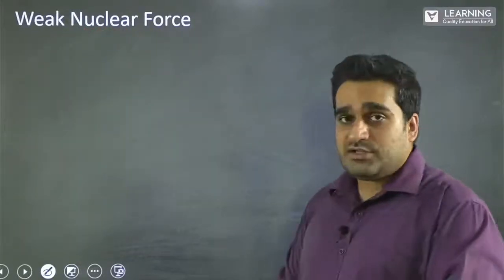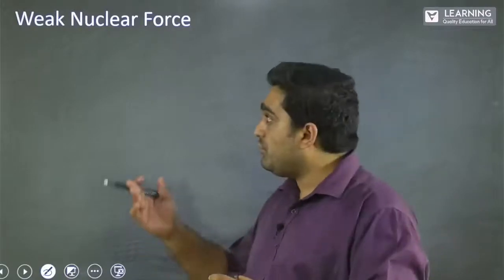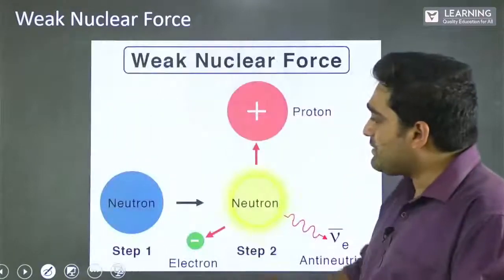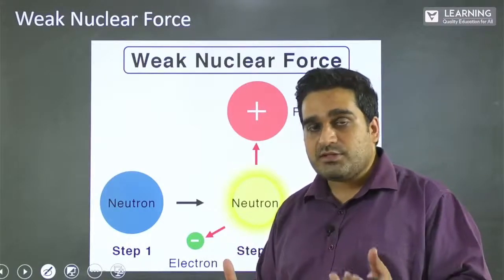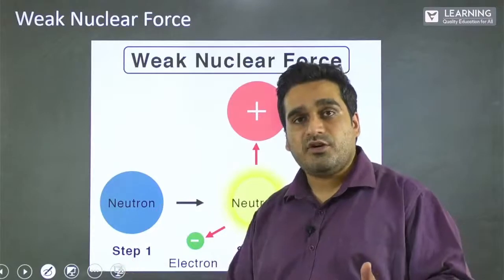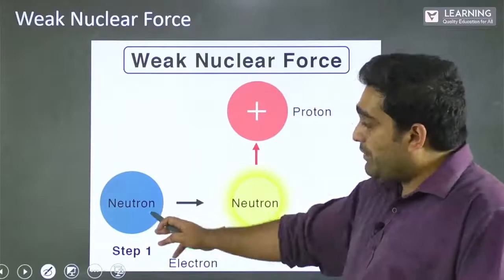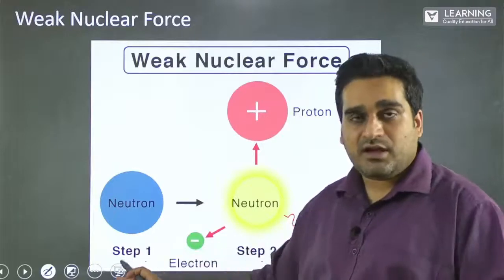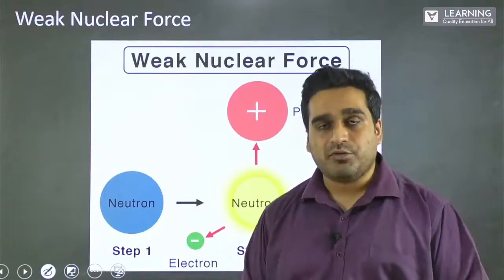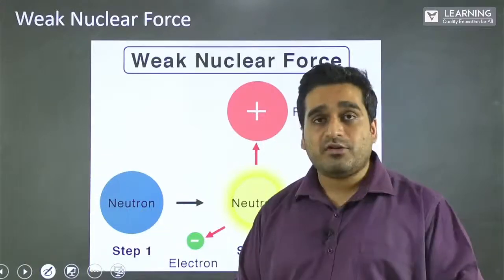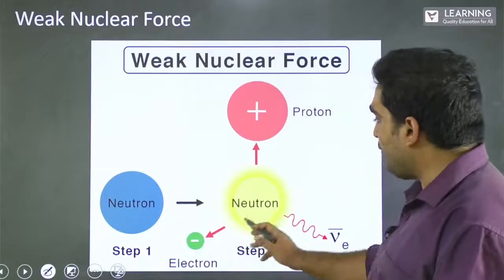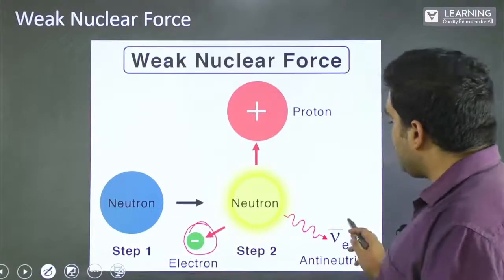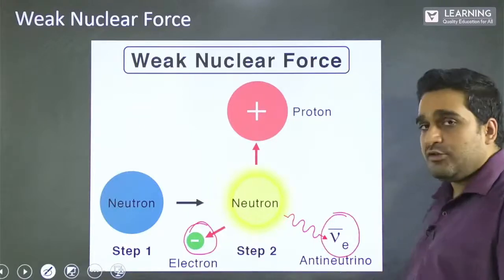Now moving on to the next, weak nuclear forces. Again, the nucleus of an atom. In this case, we take a particular example of a neutron. We observe that there are two nucleons present, one called a neutron, the other called a proton. Now what happens is the neutron decays. Just as objects decompose, nucleons can also decay, more like a decomposition. It decays to give an electron and also a particle called an antineutrino.